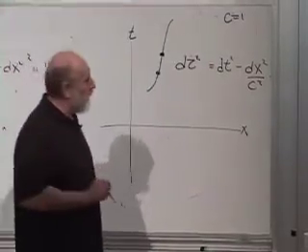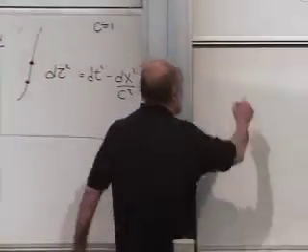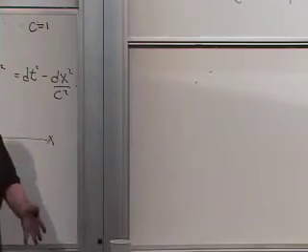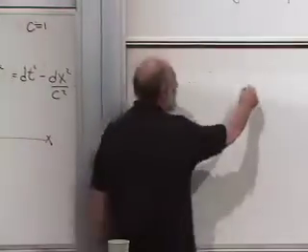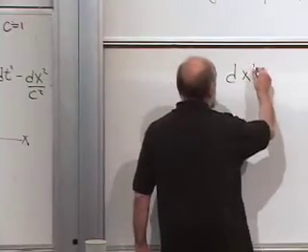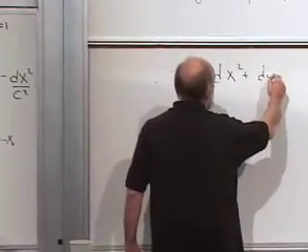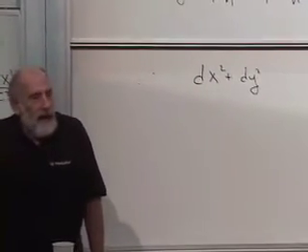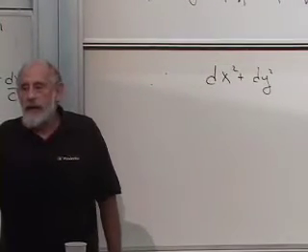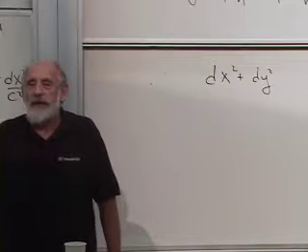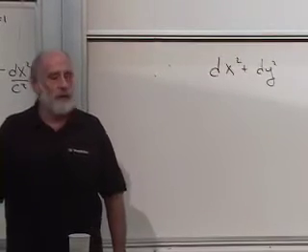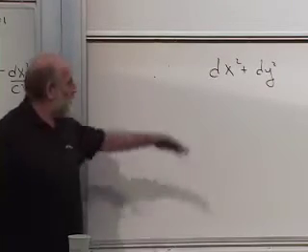Now, notice, incidentally, if I talked about the distance between 2 points, and I measured x in different units than y, would the distance be dx squared plus dy squared? Let's suppose I measure y in inches and x in, let's say, feet. And now I want the distance between those 2 points in feet. What would I have to put there?